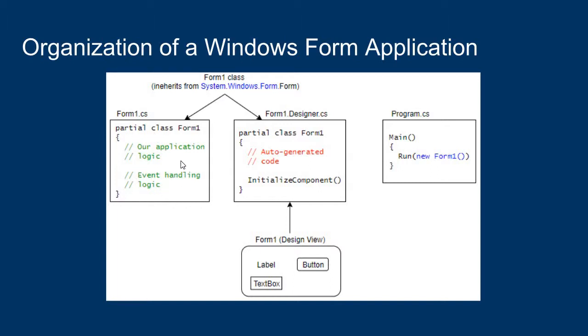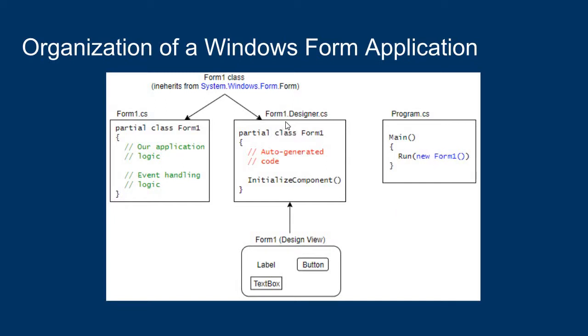Inside this form1.cs file, we are going to create methods that handle event occurrences. We can create our own helper methods. We can create our own fields in the class, properties, etc. The default constructor is going to be inside our form, so we can handle what happens when our form is initialized by the application.